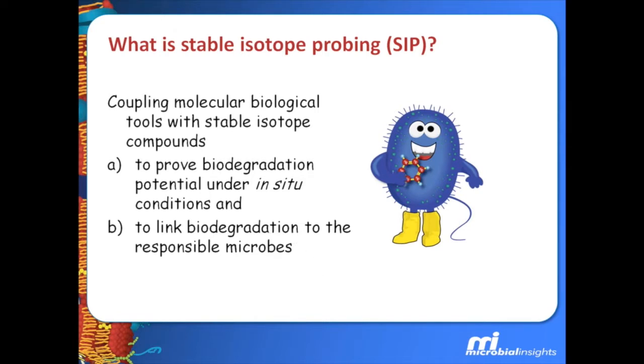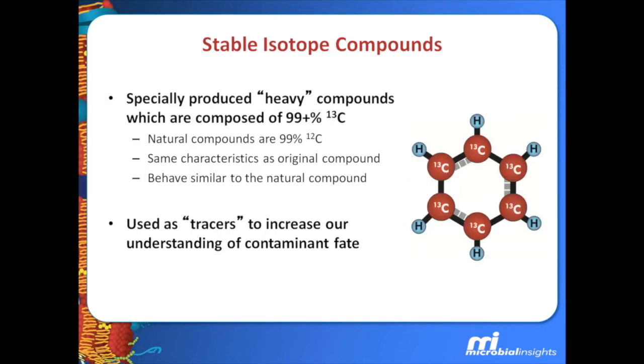So basically, in stable isotope probing, we use C13 labeled compounds. Now, you're probably familiar with C13, but it's not a radioactive isotope. It's a slightly heavier isotope of carbon that just has one additional neutron in the nucleus.